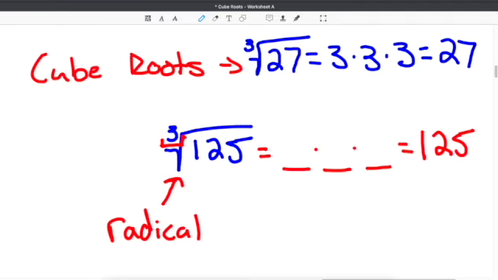If there is no number there, or if it has a 2 there, that means it's the square root. But if there is a 3, that means you are looking for the cube root. In the case of 125, it would be 5, because 5 times 5 times 5 is 125.